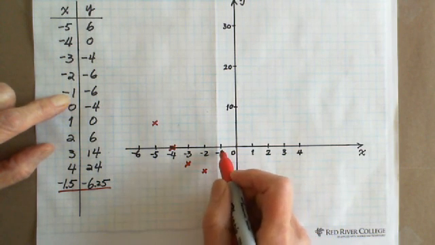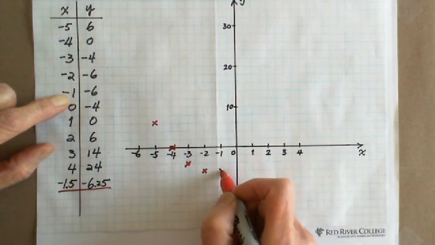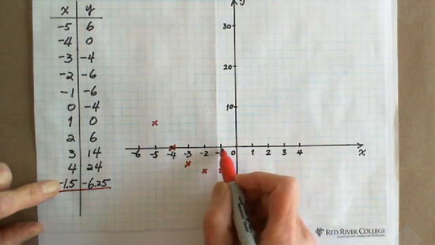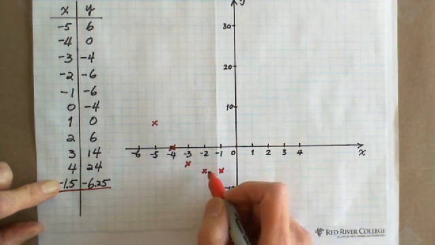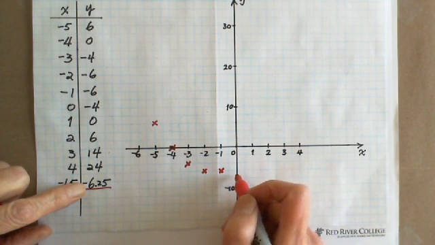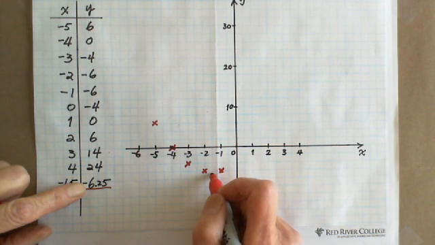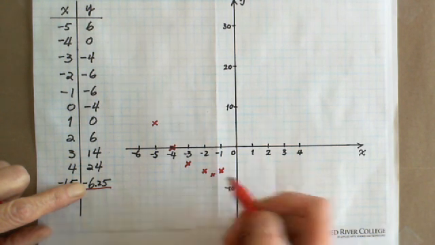Negative 1, negative 6. So that's why I say we choose negative 1.5 between negative 1 and negative 2. You go to negative 6.25. This is negative 6, and negative 6.25 is a little bit down, a quarter of this, this point.